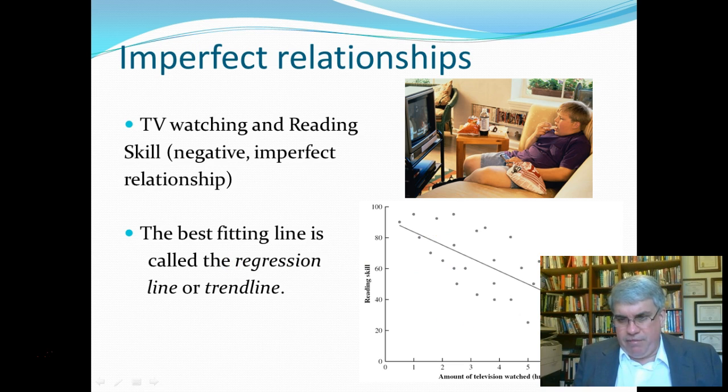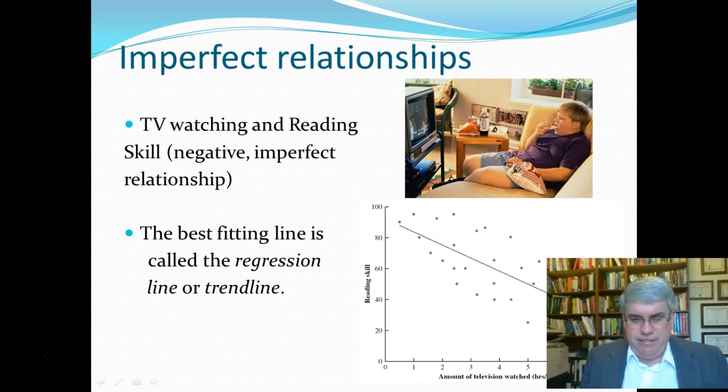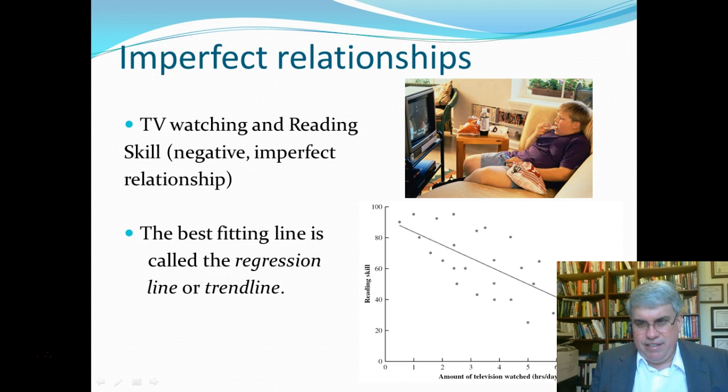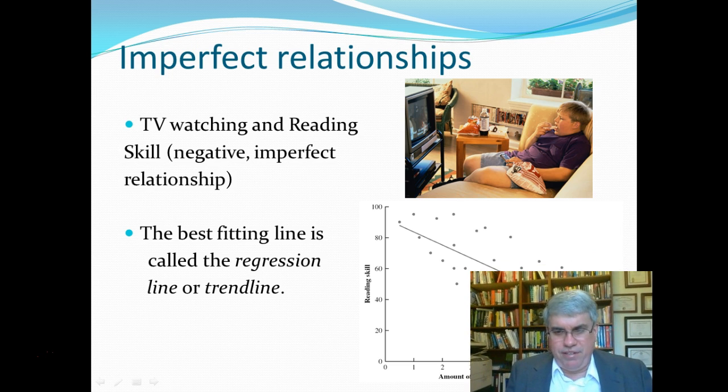Here's an example of an imperfect relationship. Let's see, I will move off to the side here. There's an imperfect relationship between TV watching and reading skill. And this is a negative imperfect relationship.